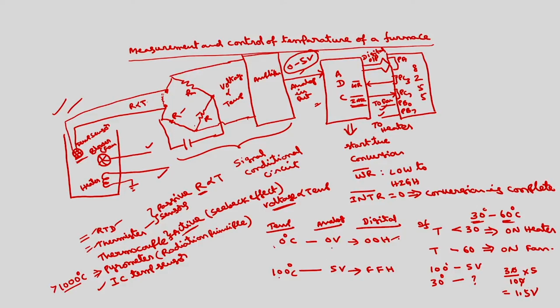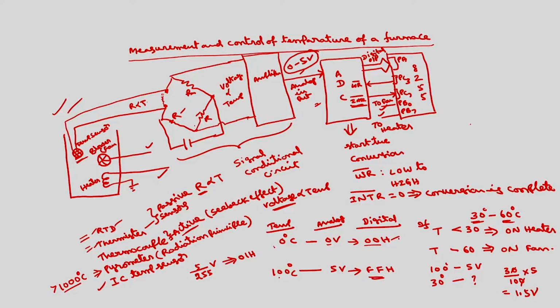So 1.5 volts corresponds to what digital value? To go from 00H to 01H, as I have discussed, it is 5 volts by 255. So 5 volts corresponds to FFH, which is 255 in decimal. I will take the decimal value, and later convert into hexadecimal.